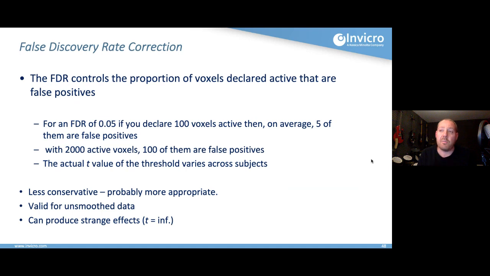The logic behind this is you use your normal alpha value of 0.05, and say you find 100 voxels that are active with that threshold. Then the logic of FDR says that 5 of them are likely to be false positives. So you just dump the 5 lowest activated voxels out of your activation map. Quite simple.